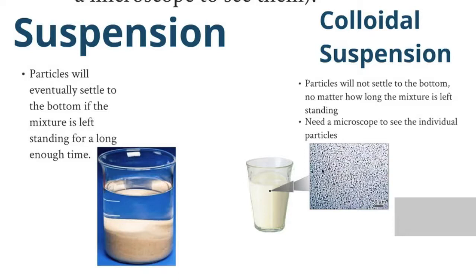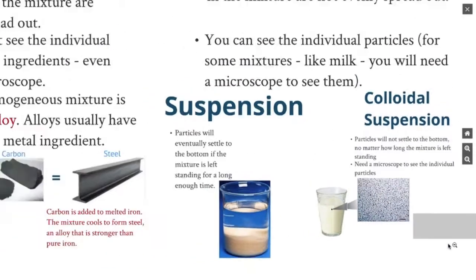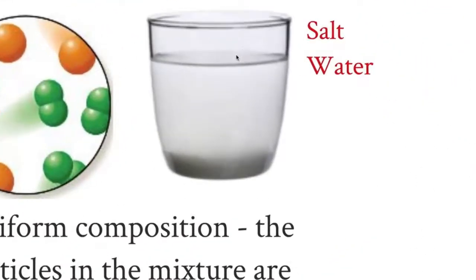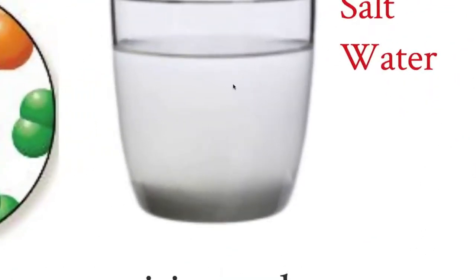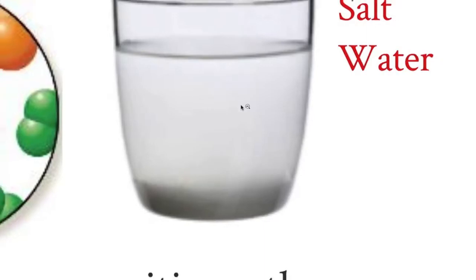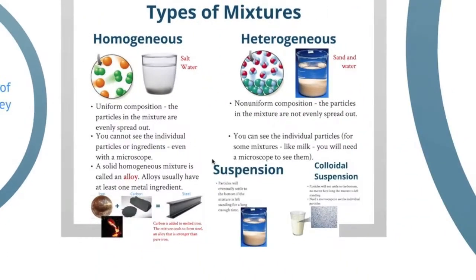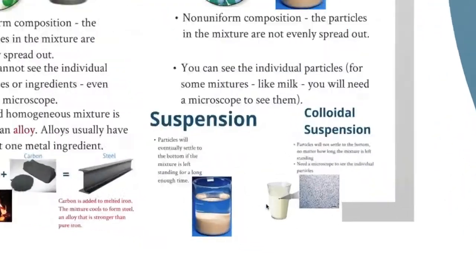It is a colloidal suspension because you need a microscope to see the individual particles. Now remember, with a homogeneous mixture, even if you had a microscope, you would not be able to see the individual particles. So it's important to know that distinction.